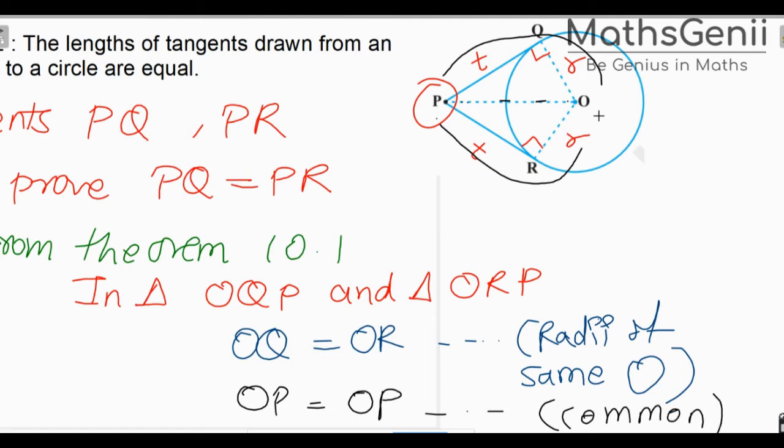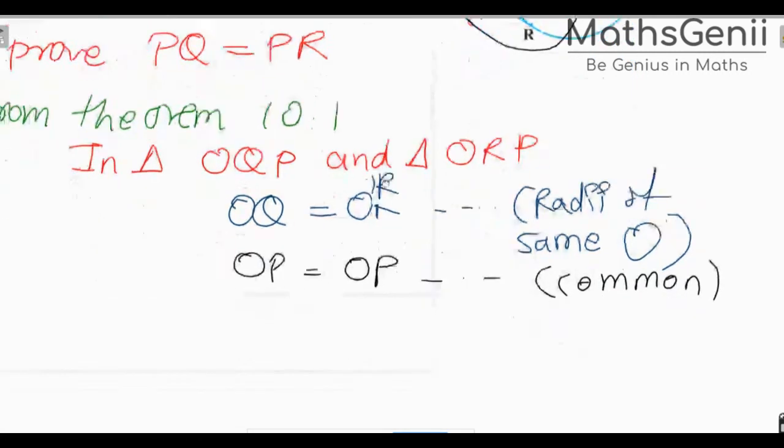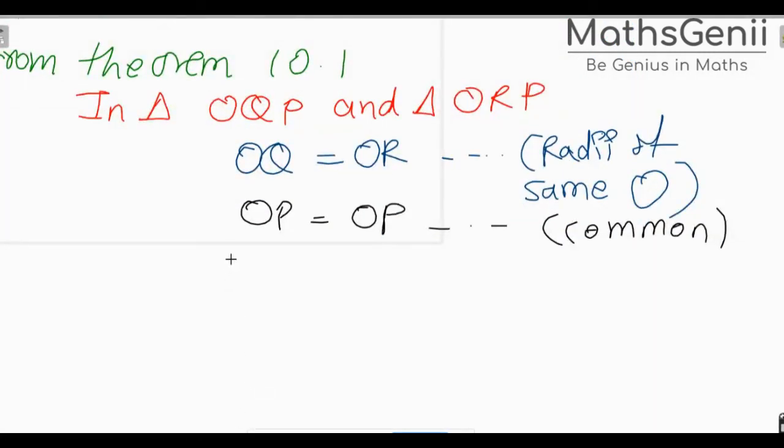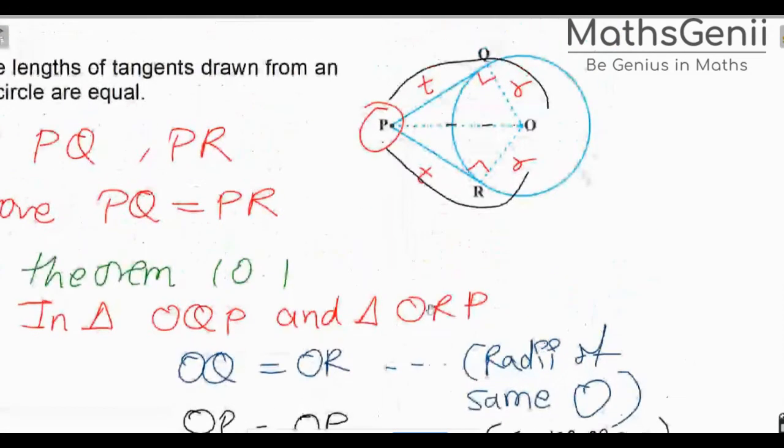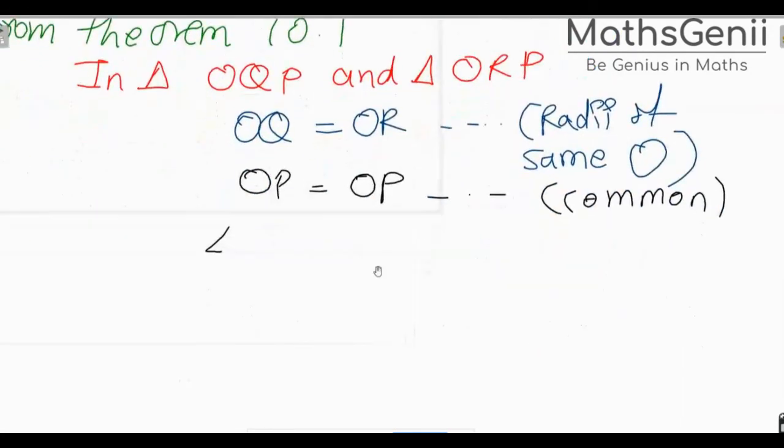Okay, and these angles are equal. This is also 90 and this is also 90. So angle Q is equal to angle R. Both are 90 degrees, correct?